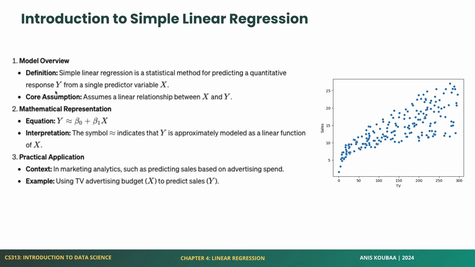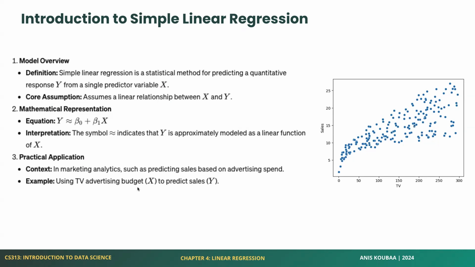Here we have a response Y, which is our sales, and a single predictor X, which is our TV advertising budget. The approximation symbol here means that we have an approximate relationship. Whatever line I find will not be a perfect fit. There is some noise around the line, but I want to find the best fit possible for this situation.